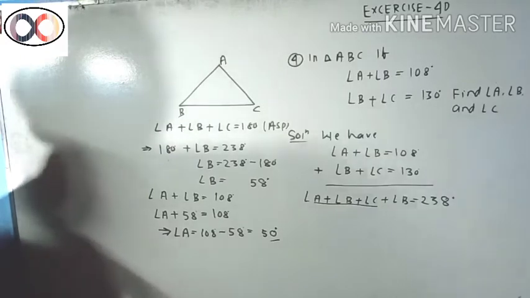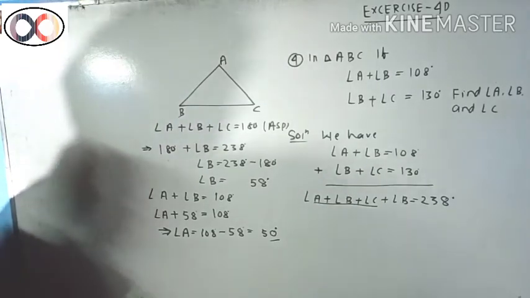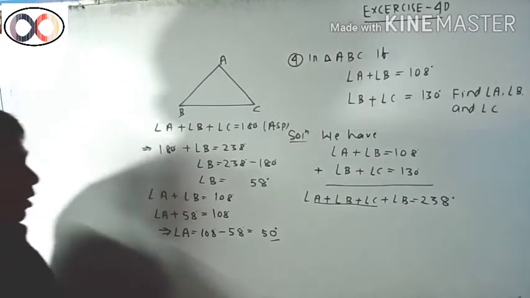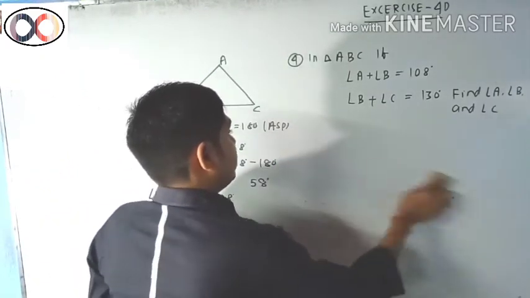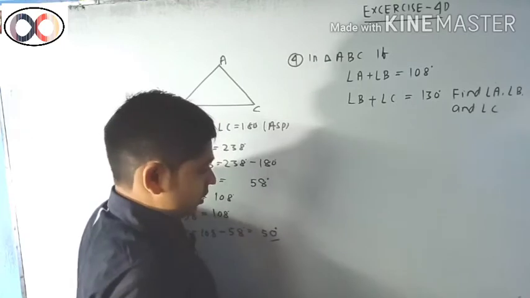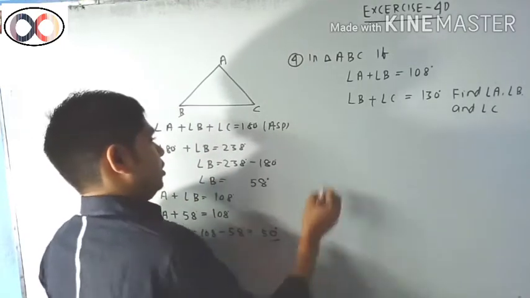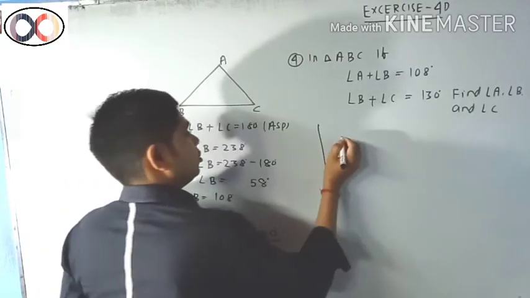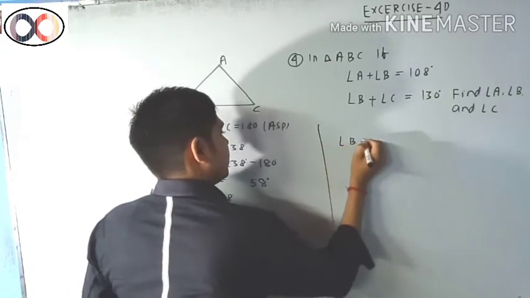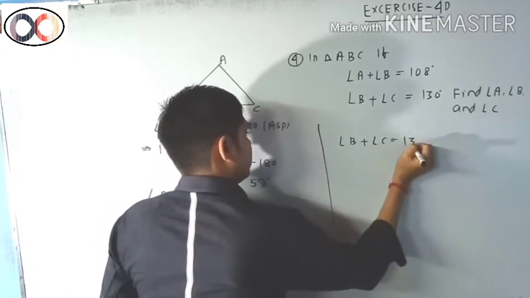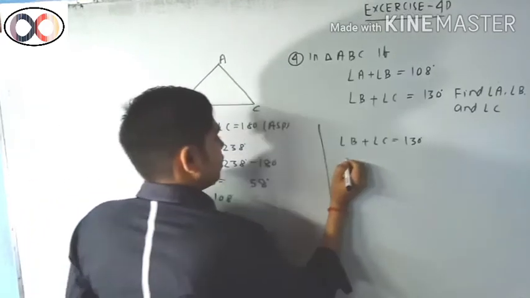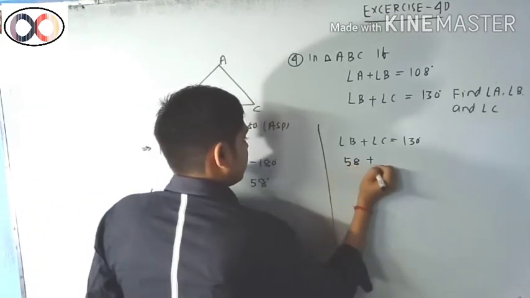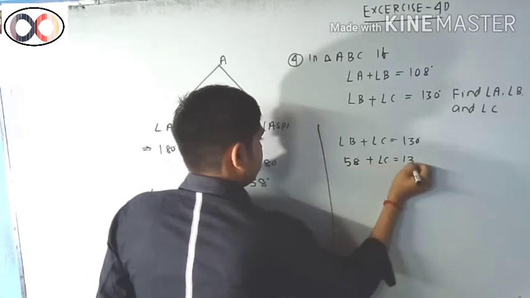Again, you can put the value of B in the second part. B plus angle C equals 130 degrees. Putting B equals 58 degrees, 58 degrees plus angle C equals 130 degrees.